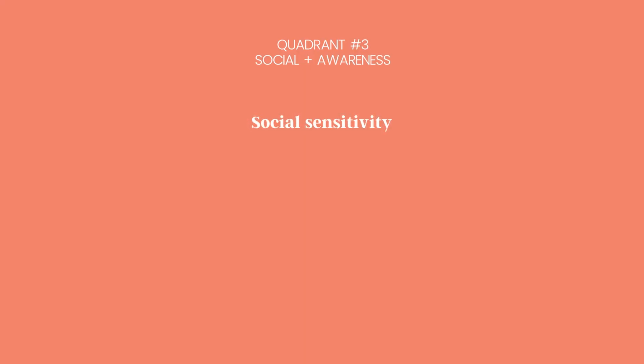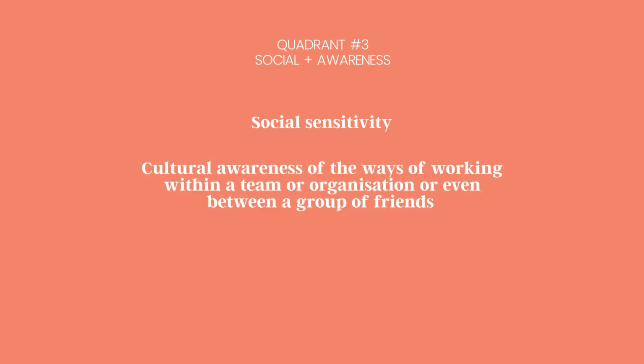Now moving from the self column to the social column, but also moving a row back up to the awareness row. This is the third quadrant, and that includes stuff like social sensitivity, which many would translate to empathy to a larger extent. But there's also something called cultural awareness of the ways of working within a team or organization, but it could also have been a group of friends.